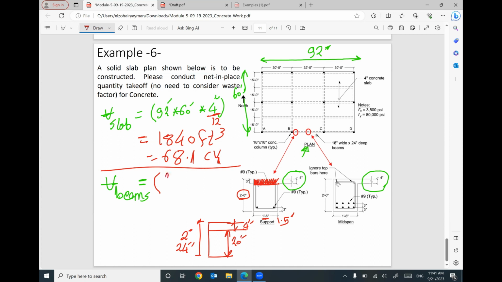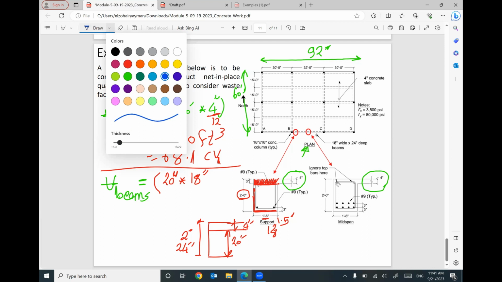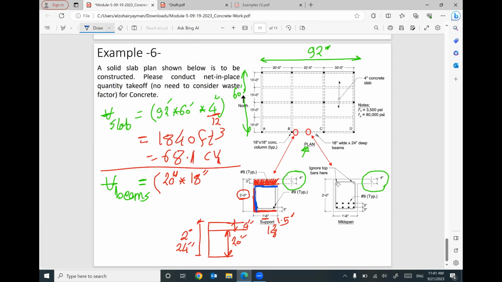So I have 20 inches times 18 inches. This one is 18 inches. So this is 18 and this is 20, by 20 inches. I will divide it by 12 and 12.